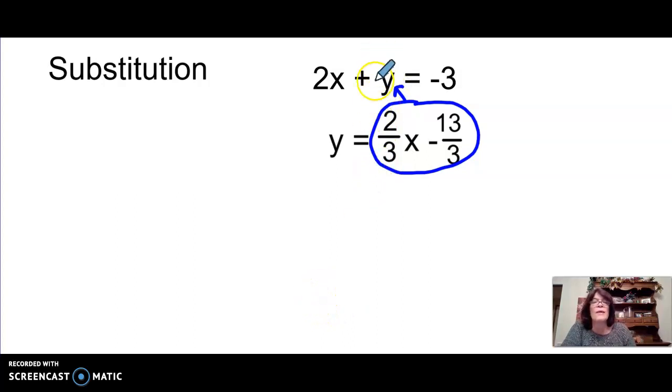You always have two equations, so whichever one is solved for one of the variables, you take that expression and put it in for the other variable. If y equals 2/3 x minus 13/3, then everywhere I see y, I should substitute in 2/3 x minus 13/3. So I'm going to substitute that in.